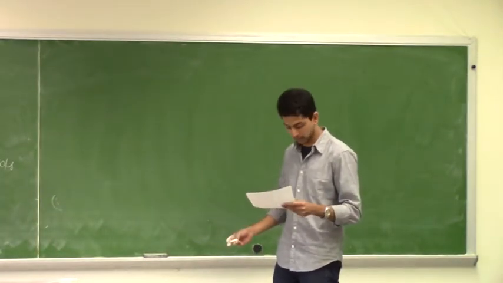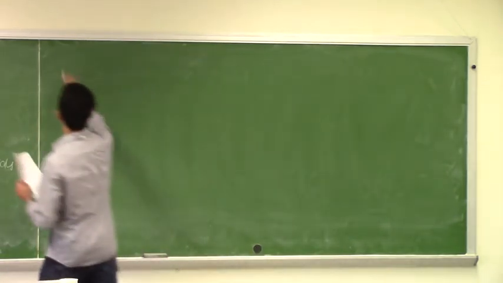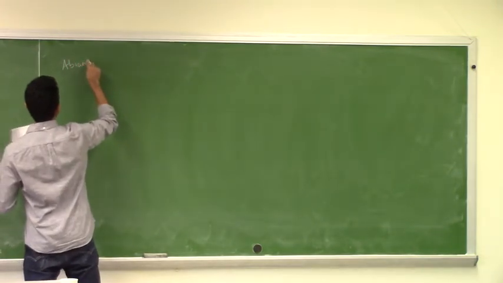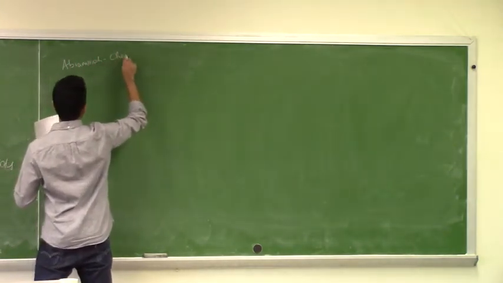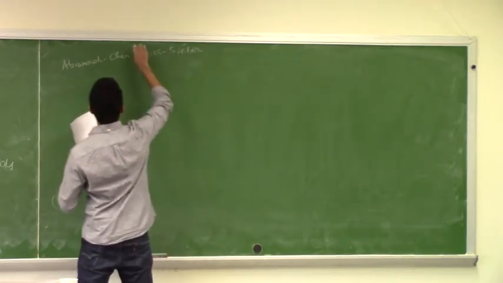Once you fix the discrete data, it's proper in finite type. This is the main theorem of Abramovich, Chen, Gross, and Siebert.